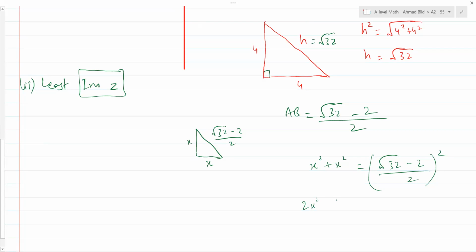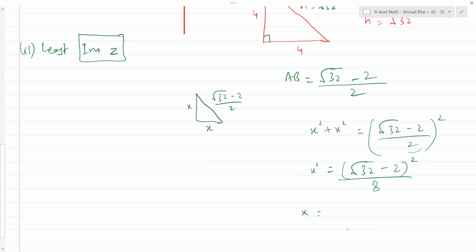It's also got quite long actually, so there should have been a quicker way of doing this as well, but for now it works. 32 minus 2 का whole square divided by 4. 4 उधर ये वाला 2 भी उधर आ गया, it becomes divided by 8. फिर हम यहाँ पे x square कर दें, and then that vertical height therefore would be square root of this, that is square root of square root of 32 minus 2 divided by 8. ऊपर तो नहीं आएगा, ऊपर स्क्वायर रूट कैंसिल हो जाएगा, सिर्फ नीचे रह जाएगा. सॉरी, we have this एक ऊपर वाला स्क्वायर कैंसिल हो जाएगा.